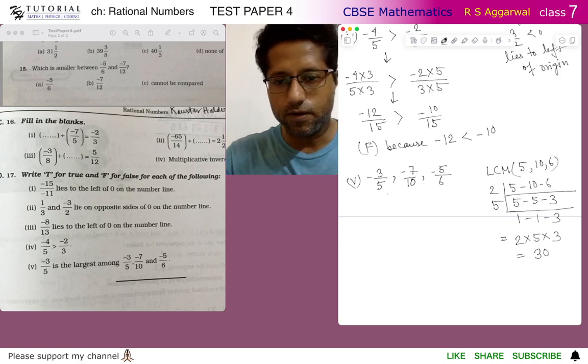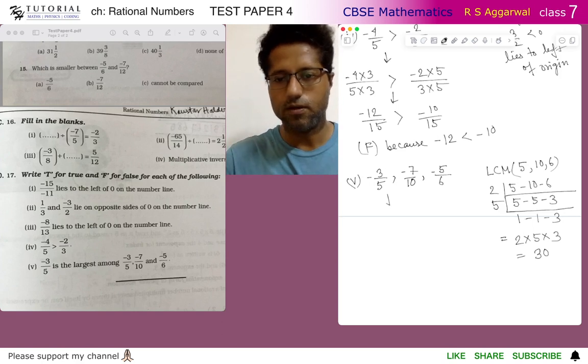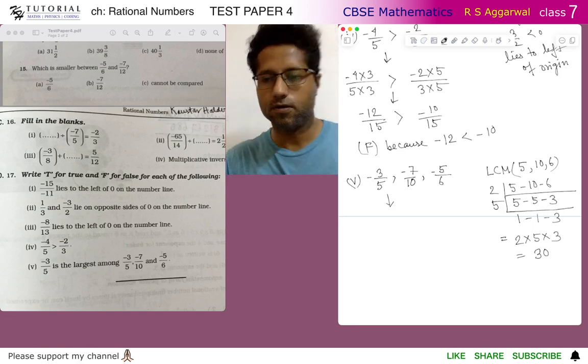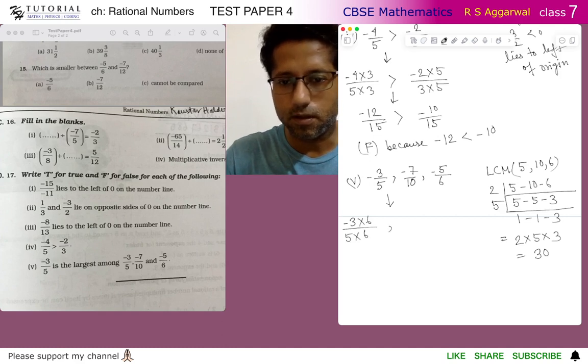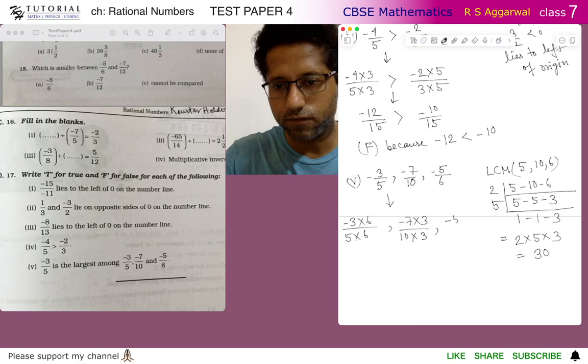So now when we convert these three rational numbers so that they all have a common denominator of 30, we multiply with 6 both the numerator and the denominator to make the denominator 30, and minus 7 by 10 we multiply with 3, and minus 5 by 6 we multiply with 5.